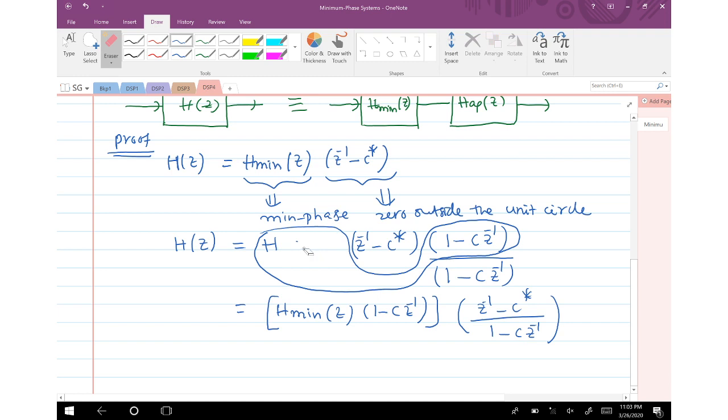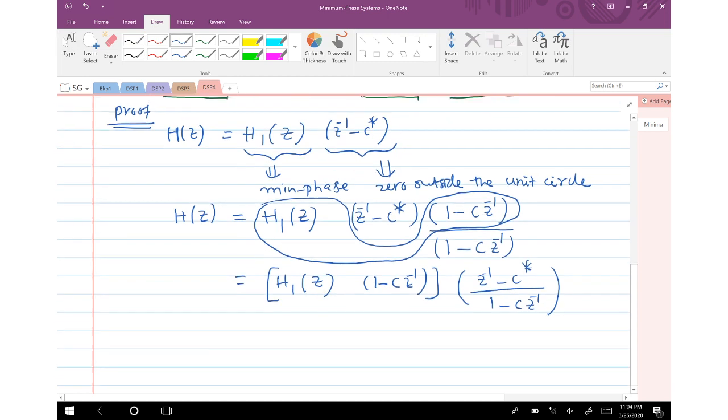Let me call this H1(z), which is a minimum phase system to start with. Okay, here also let me call this H1(z), so that later I would like to use that H_min(z) notation here, into (1 - c z^-1).